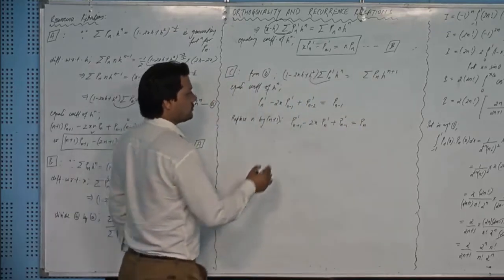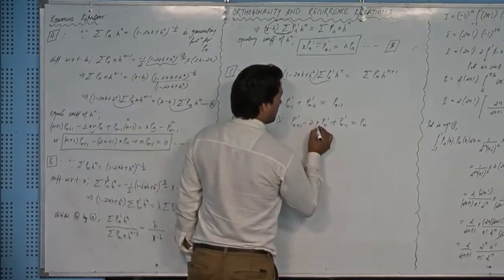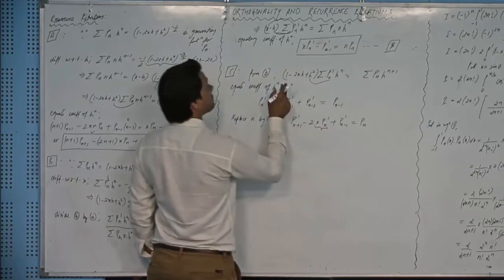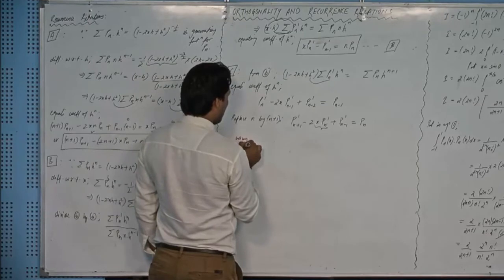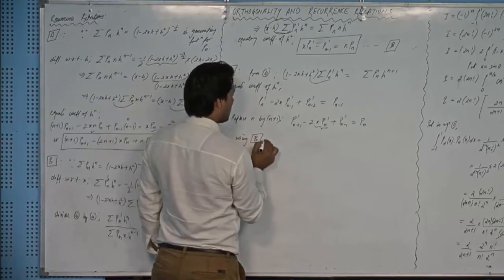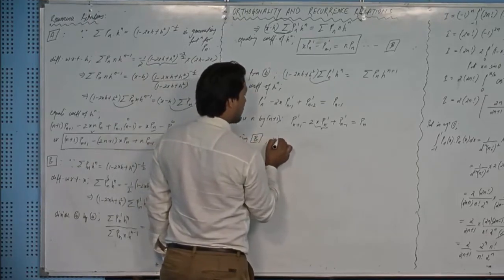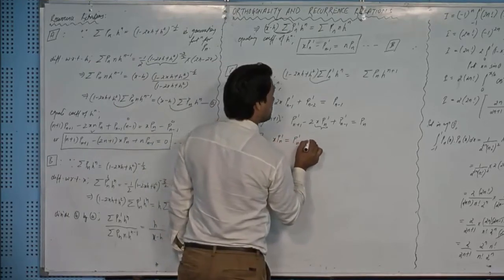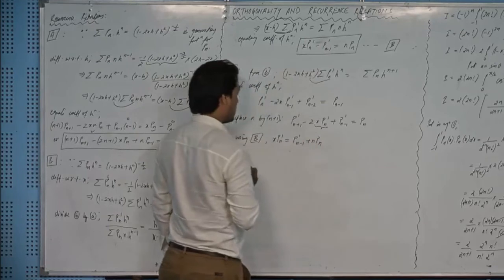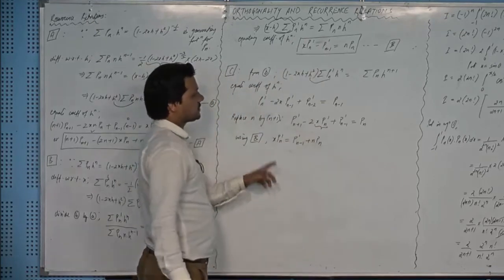And now I can use the value of this thing, x Pn dash, from B, right? Using B, the value of x Pn dash is equal to Pn minus 1 dash plus n Pn, right? So I will use this value here, right?